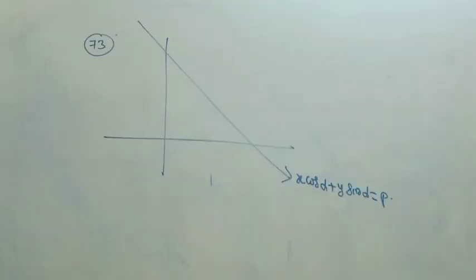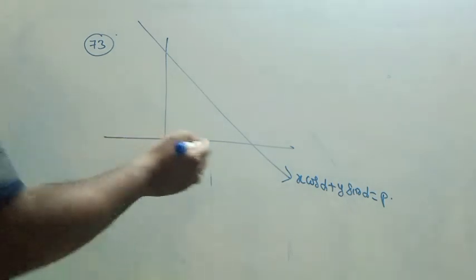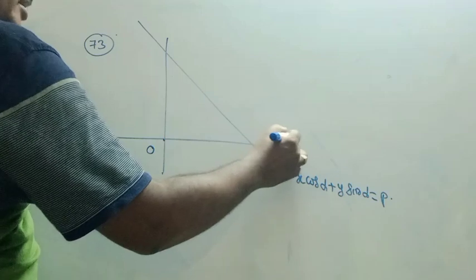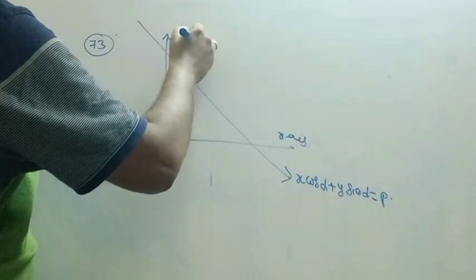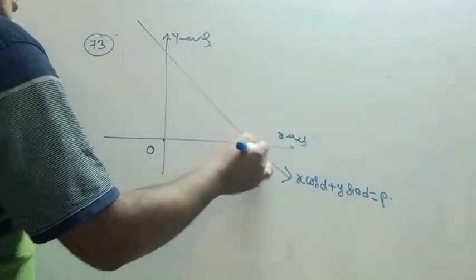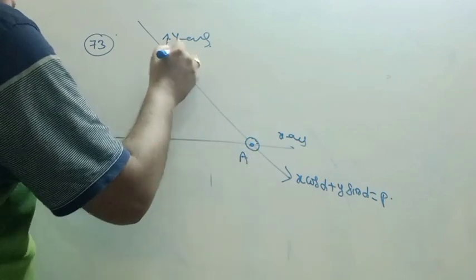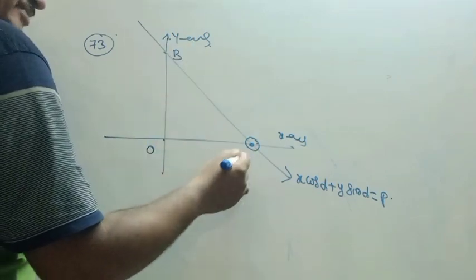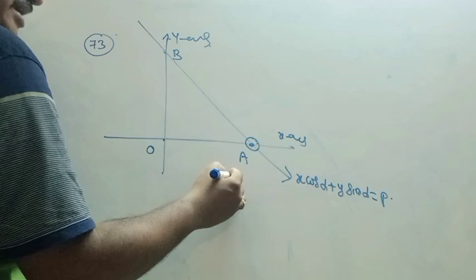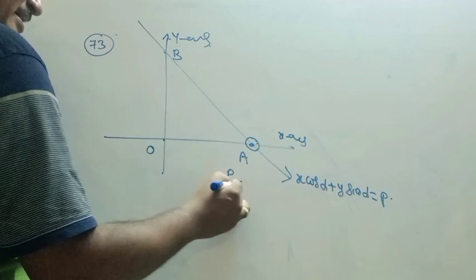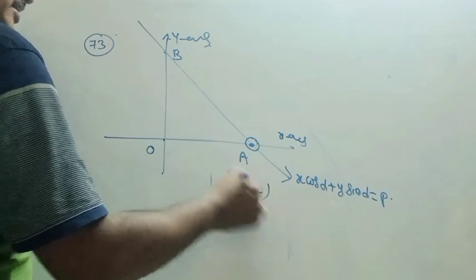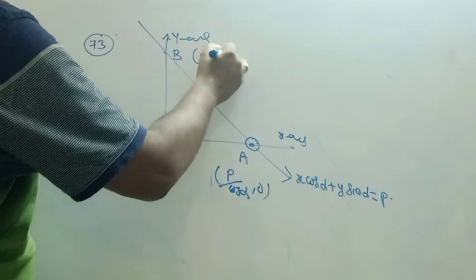Now the 73rd question: the locus of the midpoint of the segment intercepted between the axes of the variable line. This is the origin, this is the x-axis, and this is the y-axis. This is A and this is B. For A, put y equal to 0, then x is p by cos alpha, so A is (p by cos alpha, 0) and B is (0, p by sin alpha).